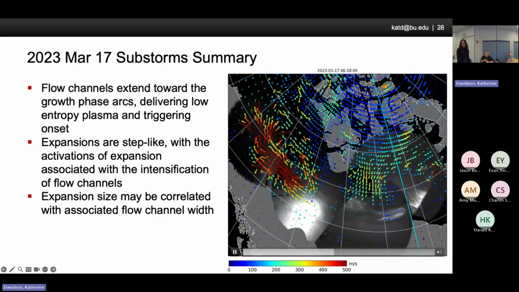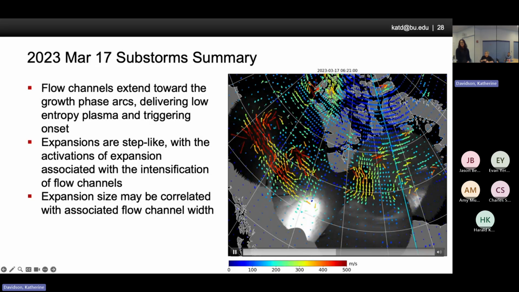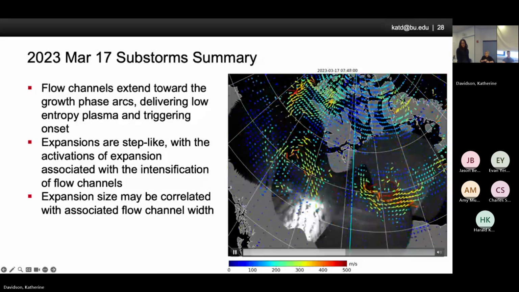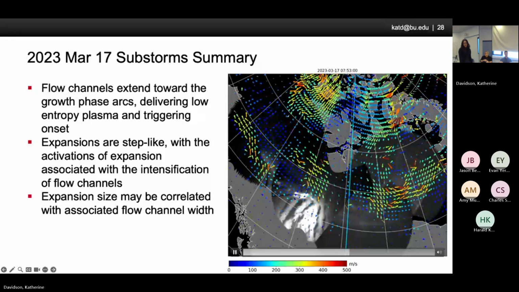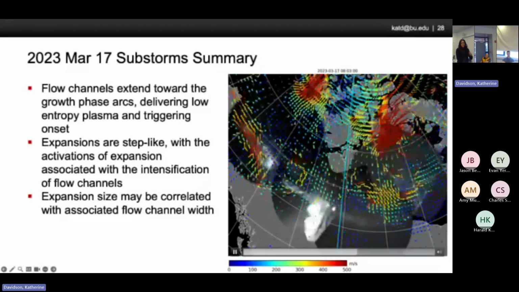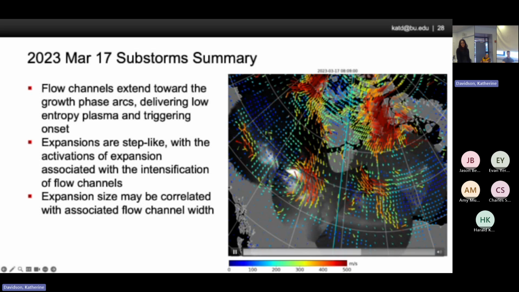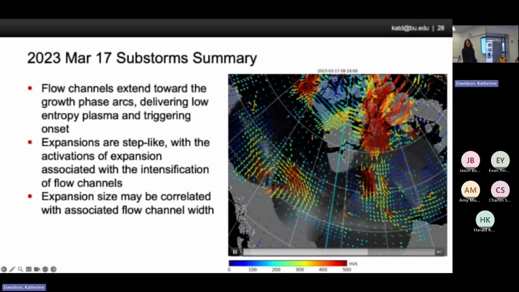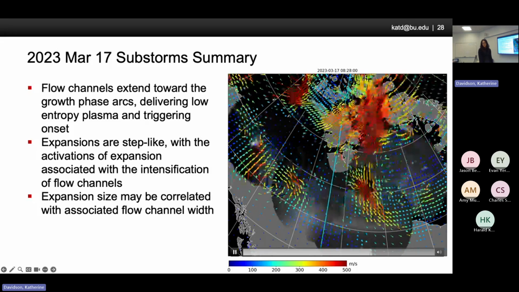And you get some quiet time for about an hour between the two substorms. And the second substorm is about to start. Here's the pseudo breakup that I mentioned earlier. Here's that flow channel bifurcating towards the onset region.